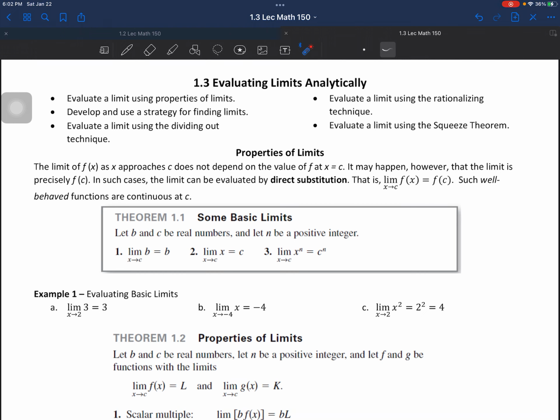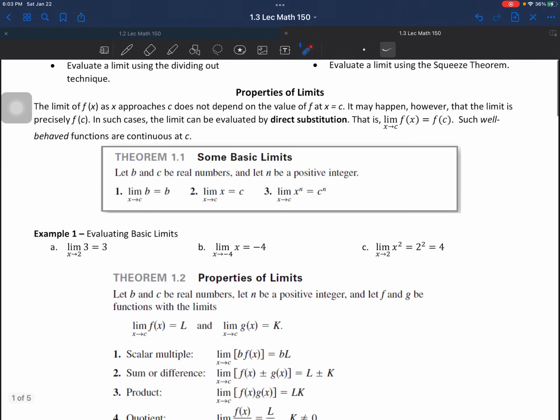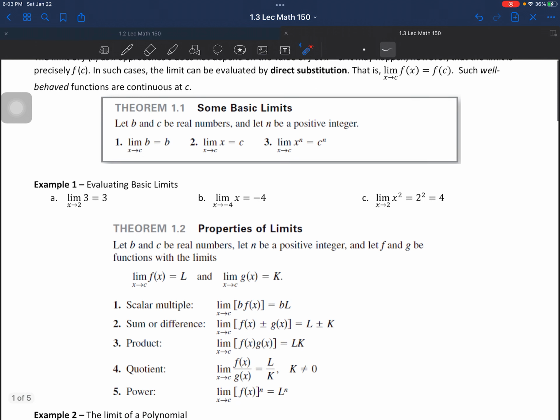That is, if the limit of f of x as x approaches c equals f of c, we'll call the function continuous at c. So we will use the following three basic limit properties to redefine the way of finding the limit.